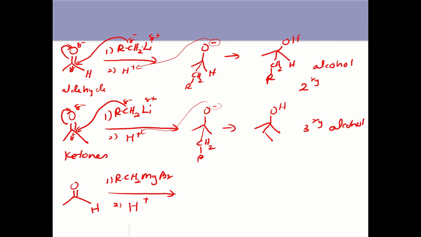Similar kind of mechanism, again the electron withdrawing nature is the same. Magnesium has a positive charge, and carbon is going to have a negative charge, so this carbon is going to get attracted.